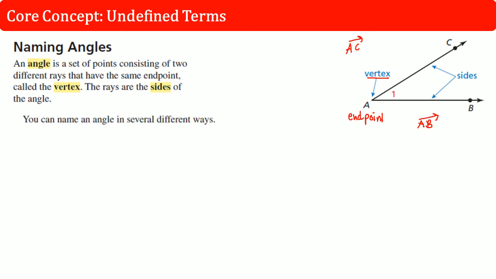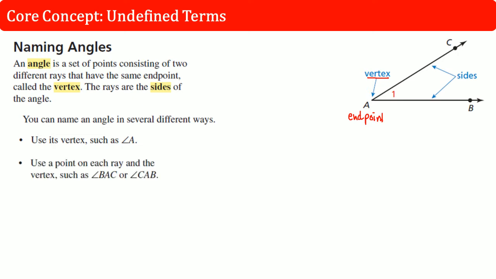Now we could name this angle in certain ways. You could name it using the vertex. In this case, you could call this angle A. You could use the points here, and it's going to require 3 points.